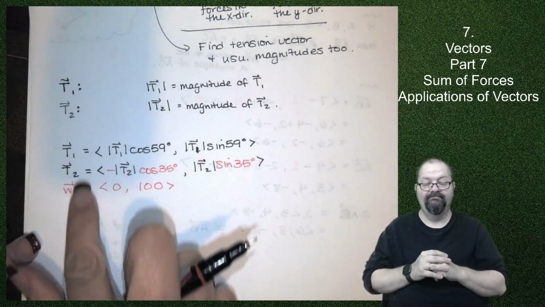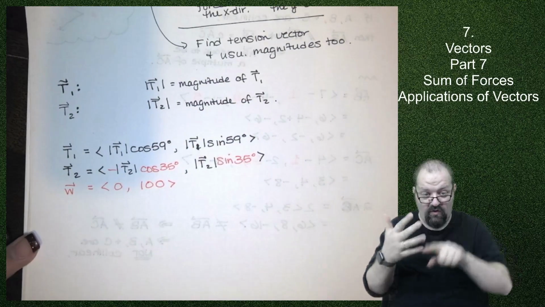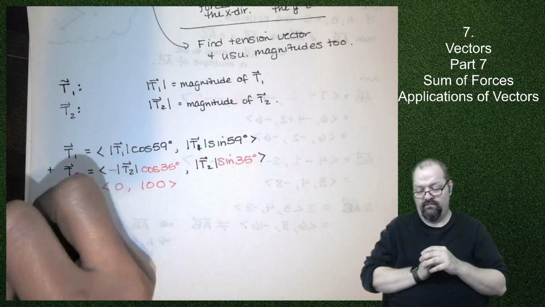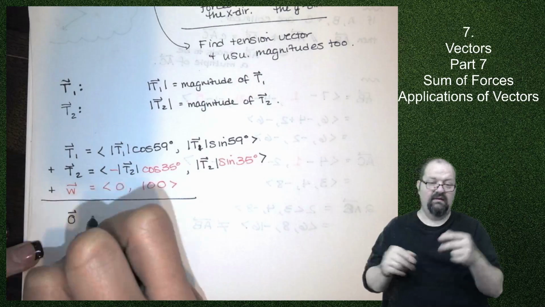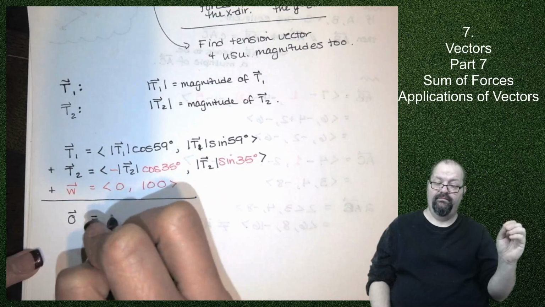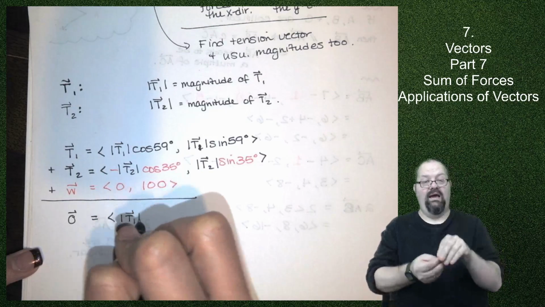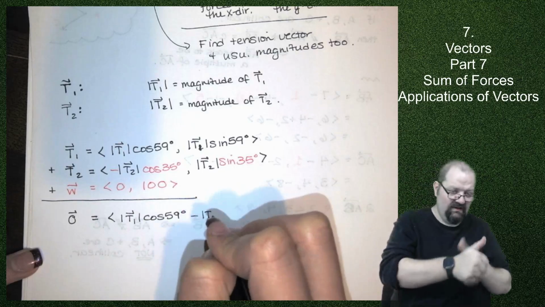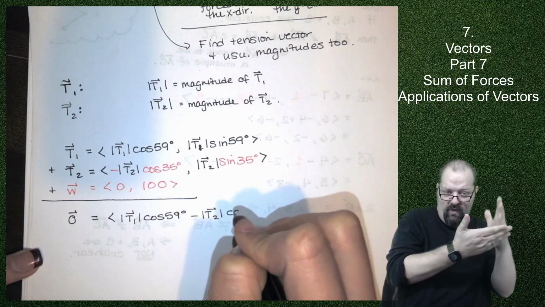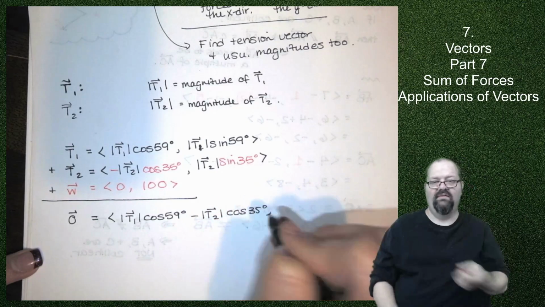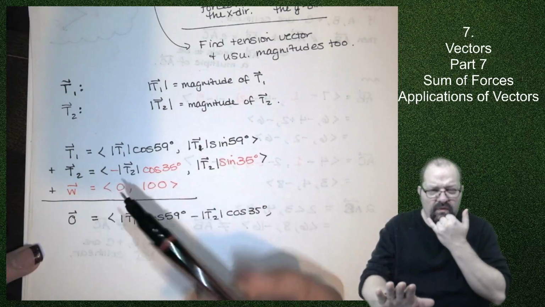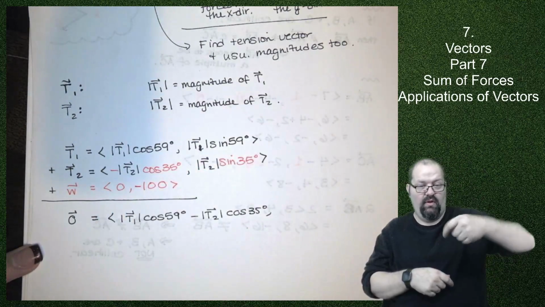Now, the sum of these three vectors has to be 0. This plus this plus this is the 0 vector. And if I add component by component, I get this. Oops, and that weight is pulling down in the y direction, so that should be a minus 100.